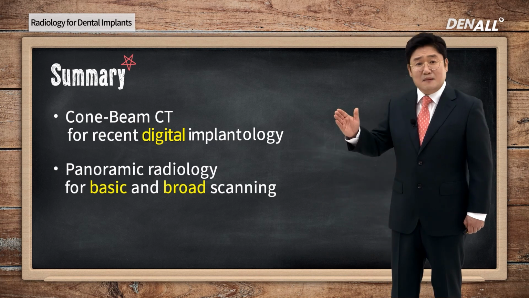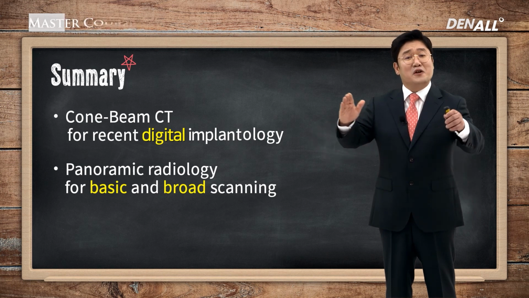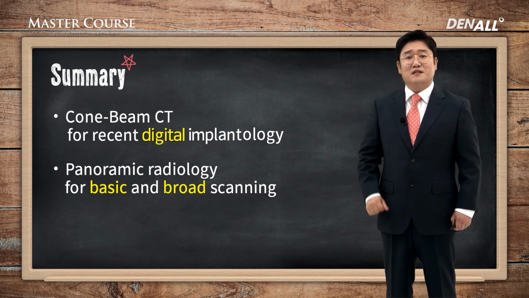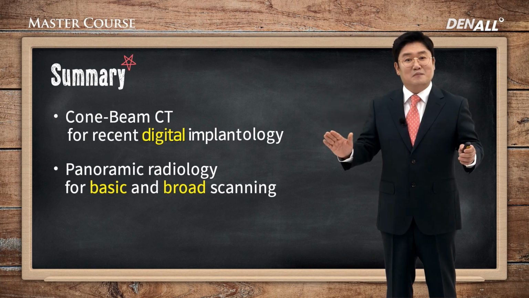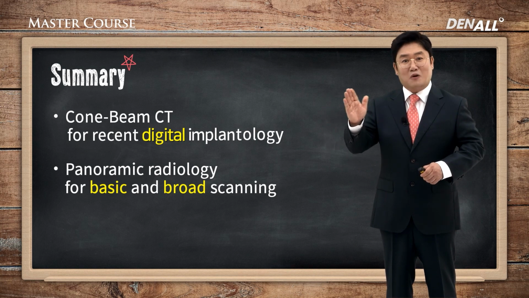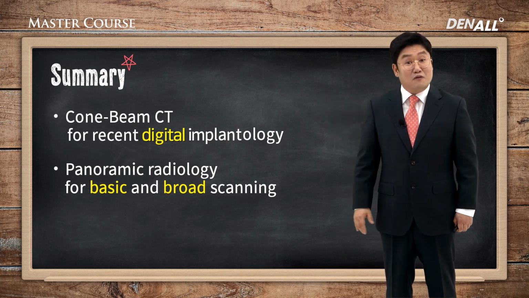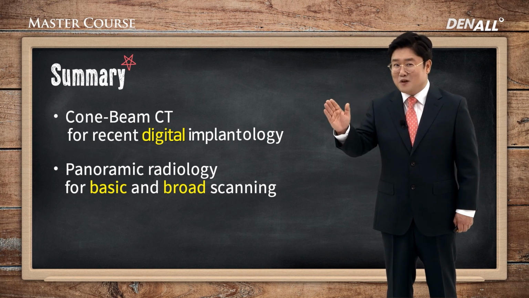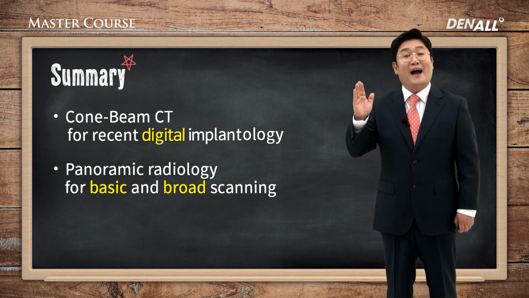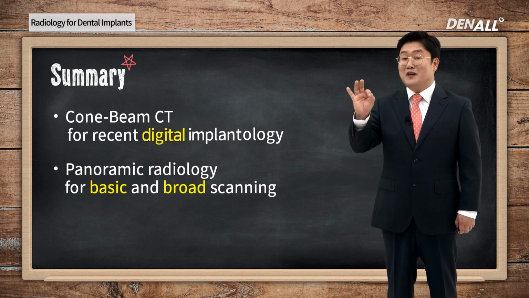Panorama is the most basic procedure, and it can scan the broad area. Through the broad scanning, teeth, jaw bones, and their relations with important anatomical structures can be identified. The bone height of the area where implants will be placed can be identified, which is very important.